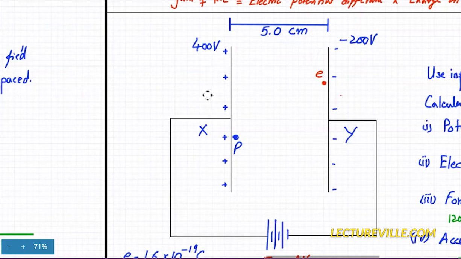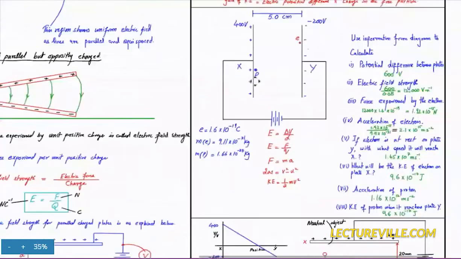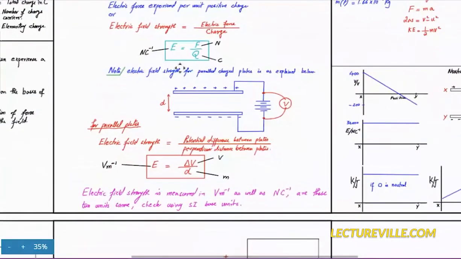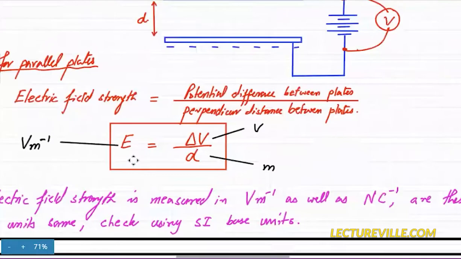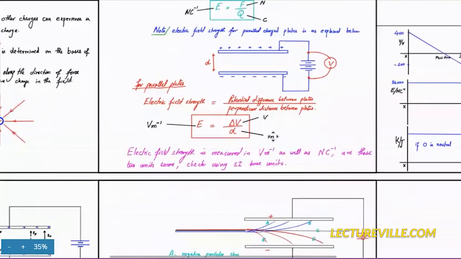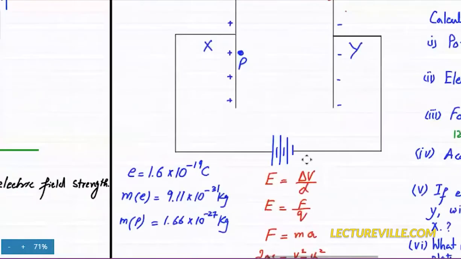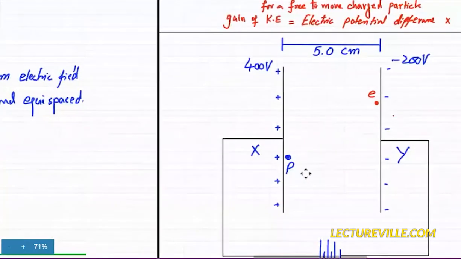Now my second question is what is the electric field strength between the two plates? And we have done two formulas for electric field strength. One is electric field strength is force divided by charge. Other is electric field strength is potential difference divided by distance. Look at those two formulas and tell me which formula we can use to find out the electric field strength between these two plates.